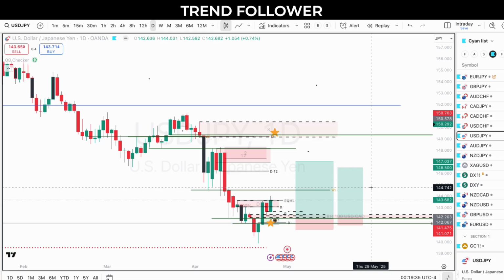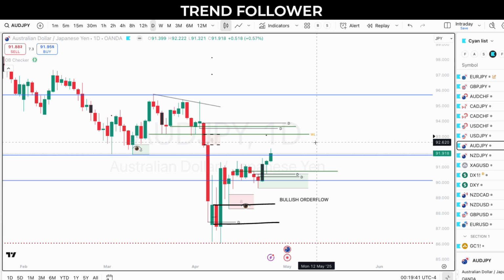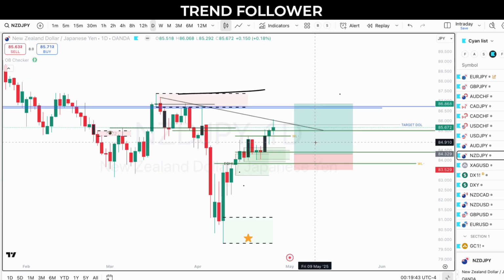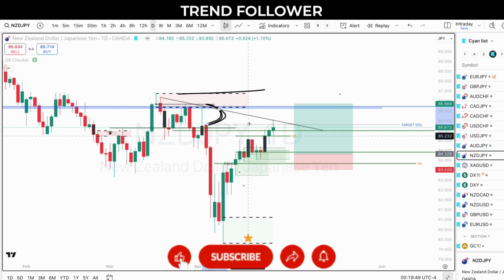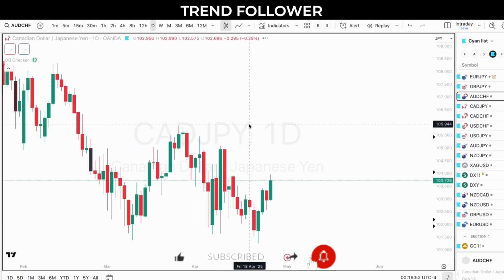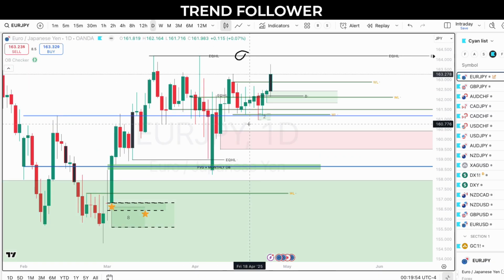I think that's mostly it. USD JPY had equal high, it just got broken, which is good. NZDJPY, this whole area is a vacuum, daily vacuum, which also acts like a drawn liquidity. Point being, I can clearly see every single name has drawn liquidity, which is to the upside, right? So that's it.